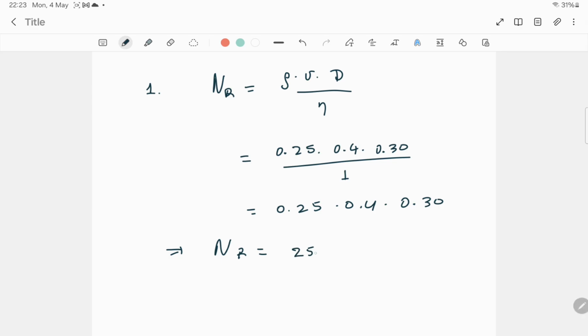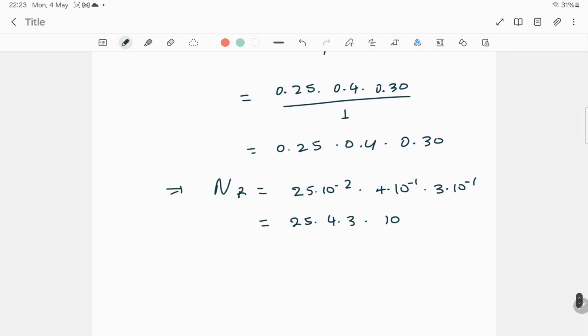So that's going to be 25 times 10 to the power of minus 2 times 4 times 10 to the power of minus 1 times 3 times 10 to the power of minus 1. 25 times 4 times 3 times 10 to the power of minus 4.